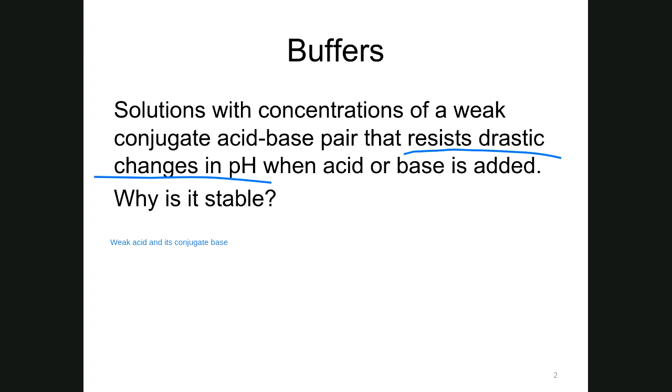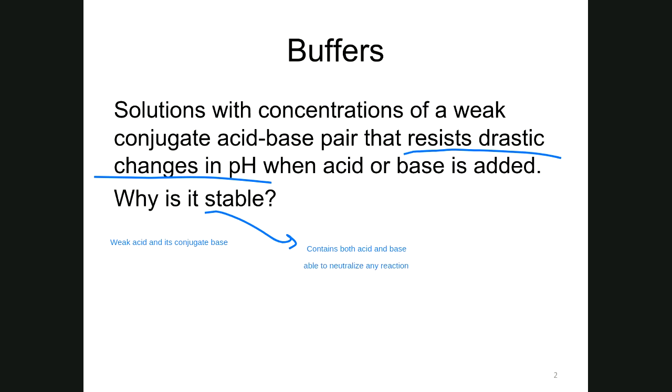And so why can we say that it's a stable substance? It's because it contains both an acid and a base. And due to containing both an acid and a base, it is able to neutralize any reaction.